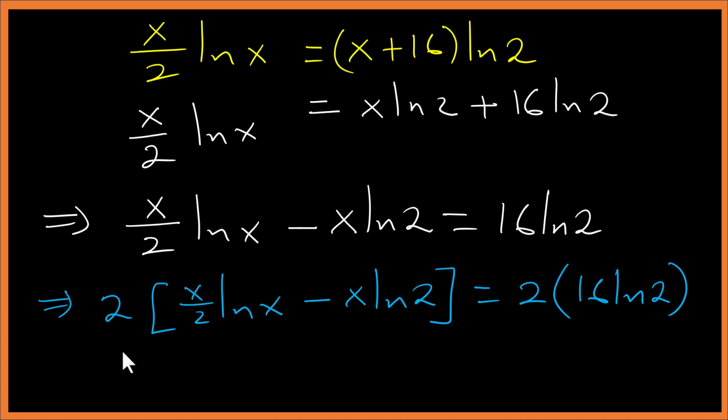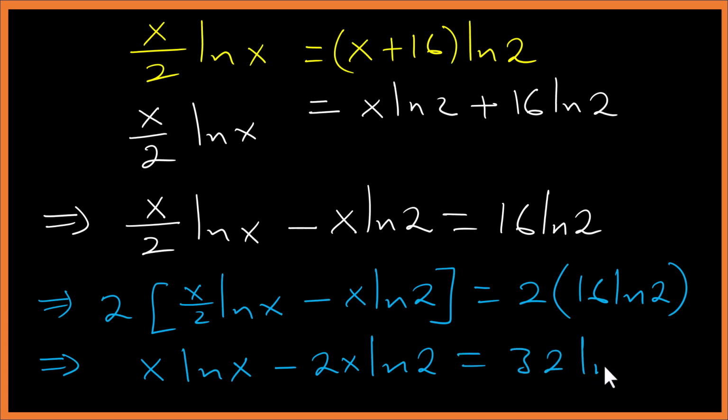So this side, the 2 times that also cancels. That will be x ln of x minus 2x ln of 2 equals 32 ln of 2.